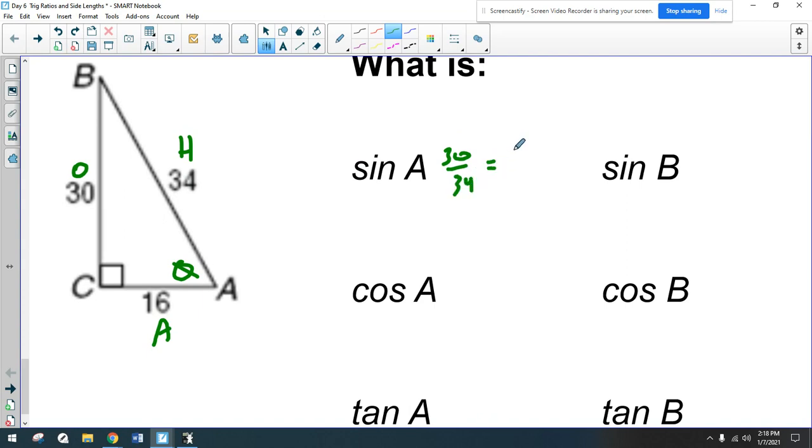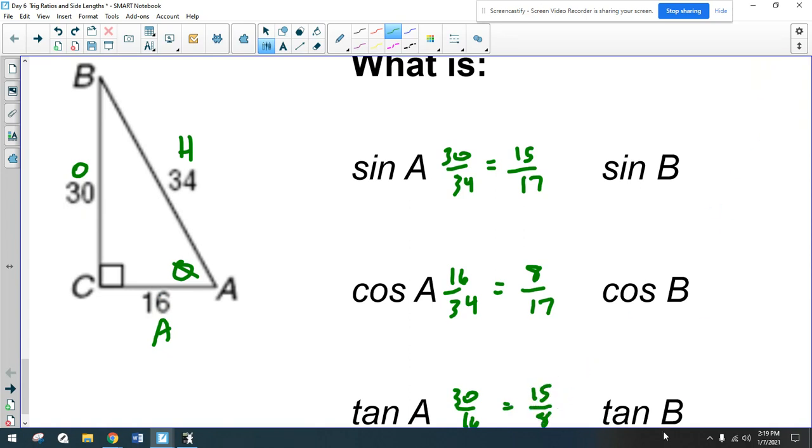And if I divide that by 2, that's going to give me 15/17. Cosine is adjacent over hypotenuse, 16 over 34. Reduce that, it's 8 over 17. And tangent is opposite over adjacent, so 30 over 16, which is going to be 15 over 8.